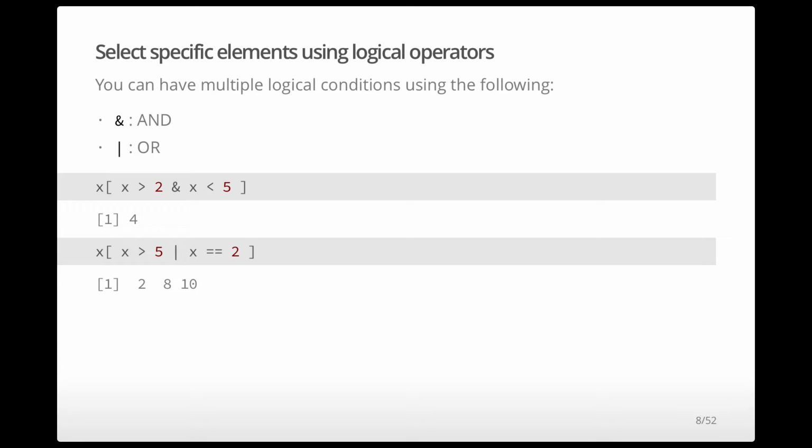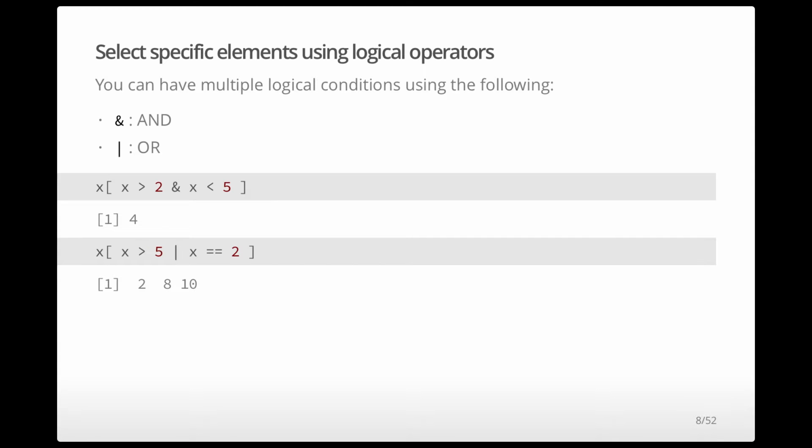This statement within the brackets will give me a logical vector back of trues and falses where that condition is true. In this case, the only element that satisfies that condition is the number 4. So here, I want x is greater than 5 or x is equal to 2. That gives us 2, because we said x is equal to 2, and anything greater than 5.